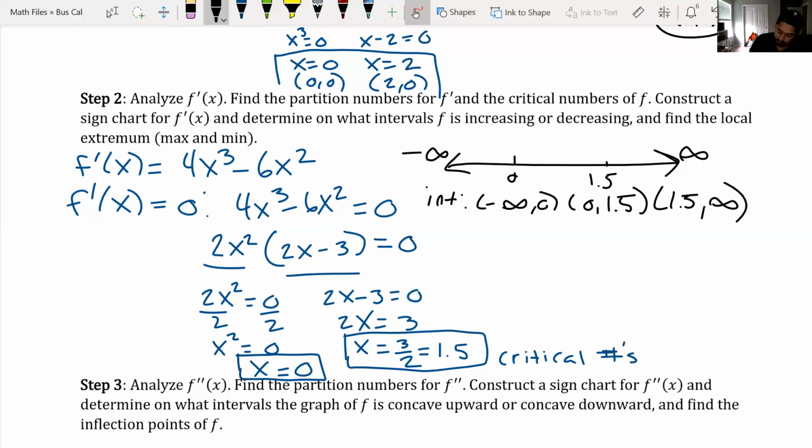Pick your test numbers for the 3 intervals. From negative infinity to 0, we'll pick negative 1. From 0 to 1.5, we'll pick 1. From 1.5 to infinity, we'll pick 2. This is a sign chart for the first derivative, so plug into the first derivative.